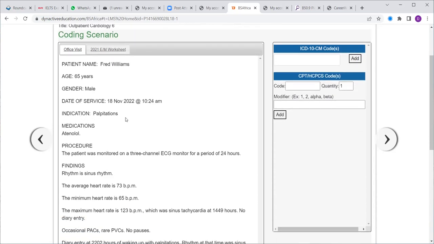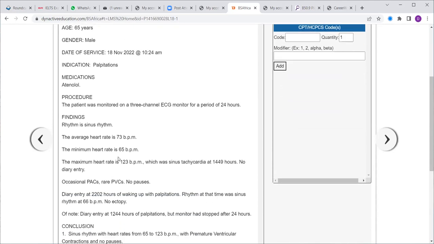Indication, palpitations, medication, atenolol. So you see medical terminology, pharmacology showing up already. Then procedure. The patient was monitored on a 3-channel ECG monitor for a period of 24 hours. Findings.